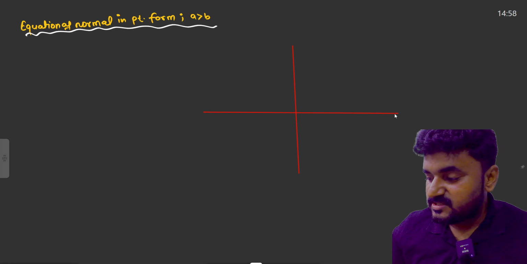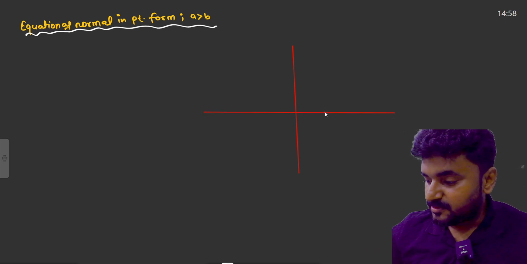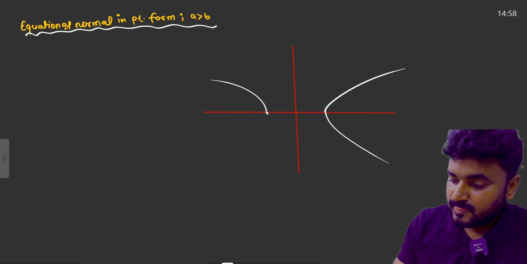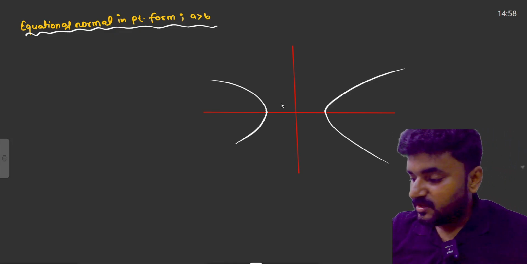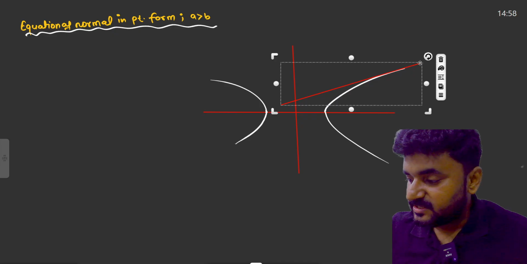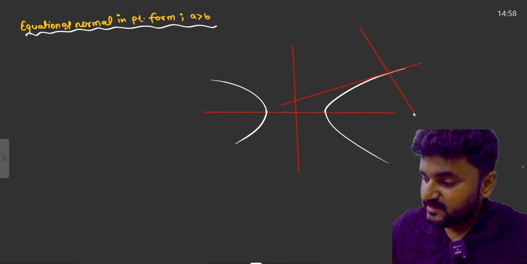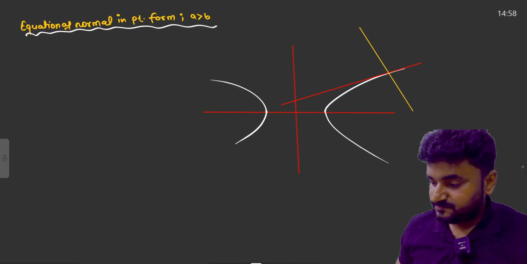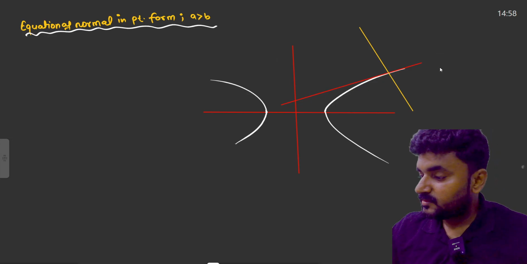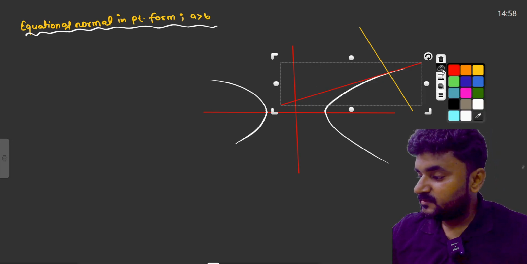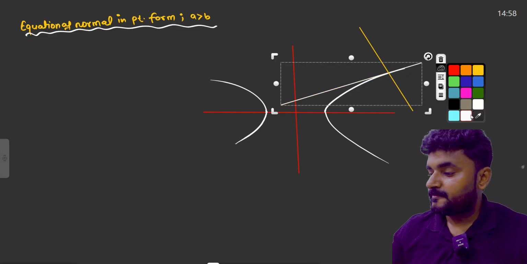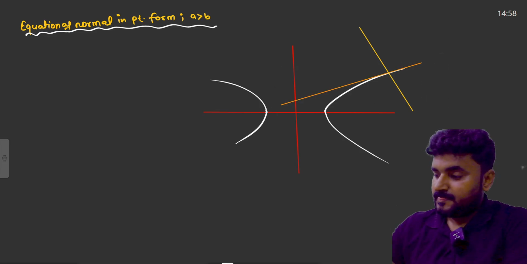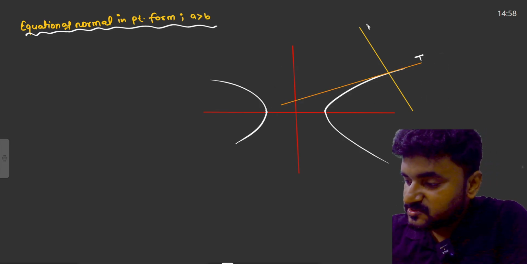Sir, the normal is the perpendicular line on the hyperbola. Suppose this is your hyperbola, and if you drop a tangent and a perpendicular line to it, this is called the normal. This is your tangent line and this is your normal line.